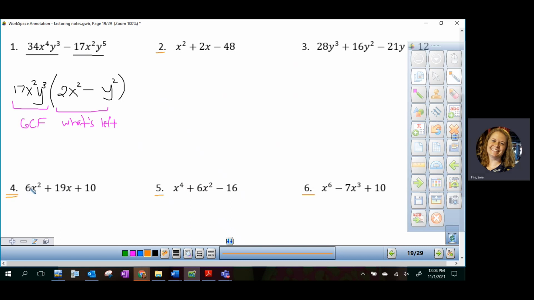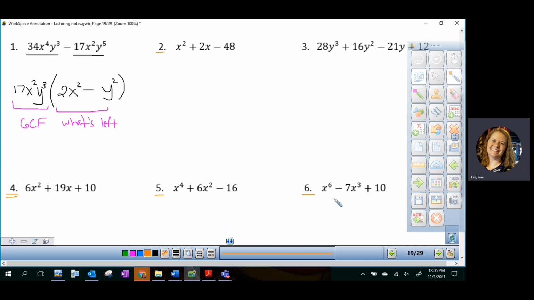We're going to review those methods before we come back and have you try number 4 here. 2, 5, and 6, these are all quadratic form trinomials for sure. You can see the power 4 and 2, and then a constant, and then the power 6, and then 3, and then constant.